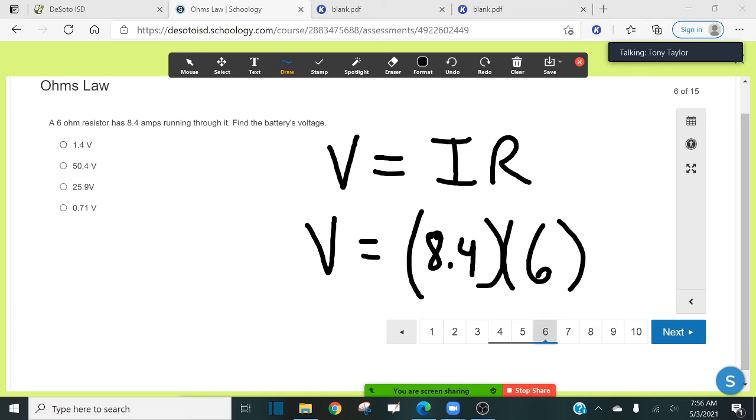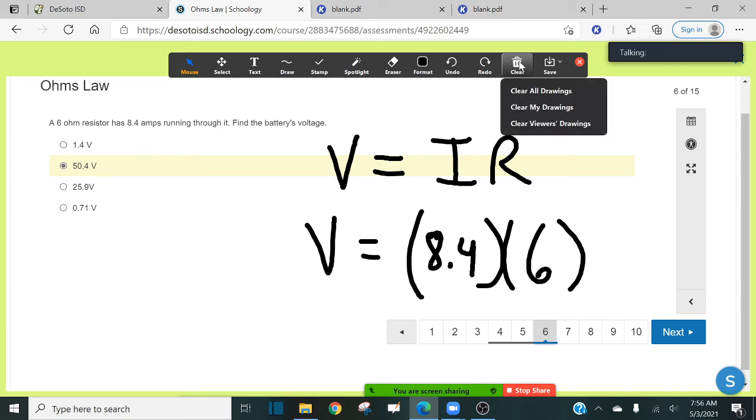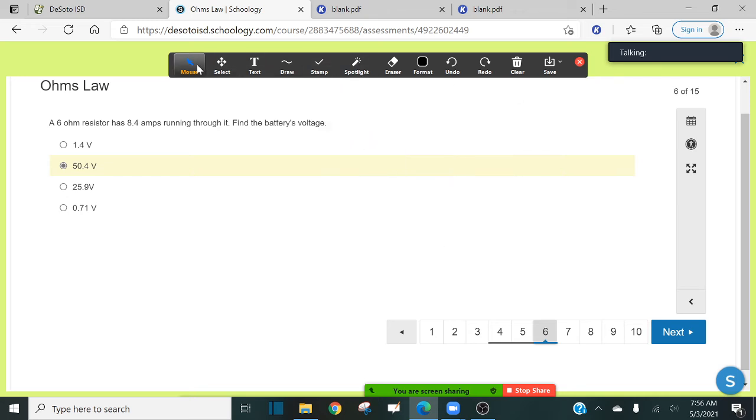So that gives me 50.4 volts. 50.4 volts. Okay. So y'all got that? All right. So let's keep going.